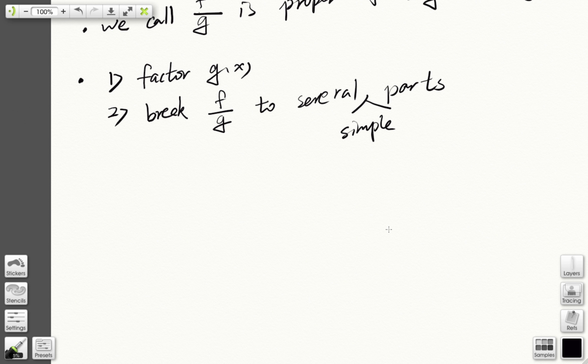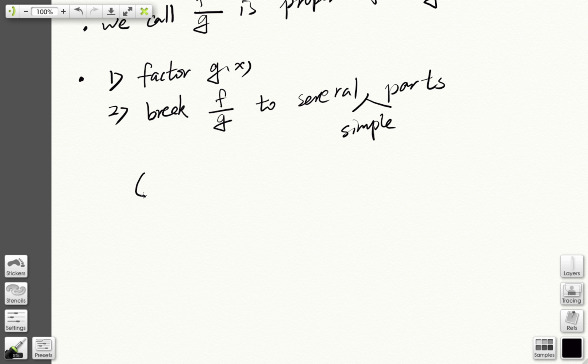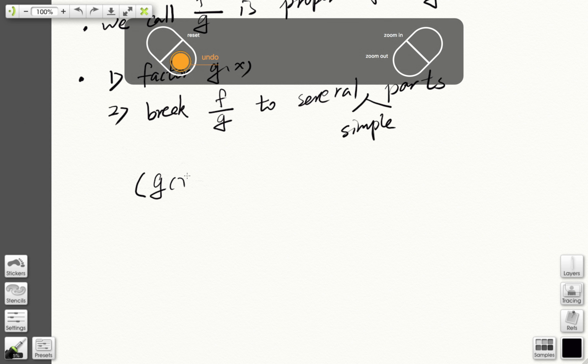But how to break it? I'll just tell you how to break it when g is a quadratic polynomial.